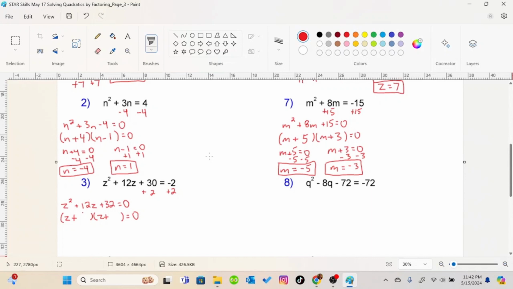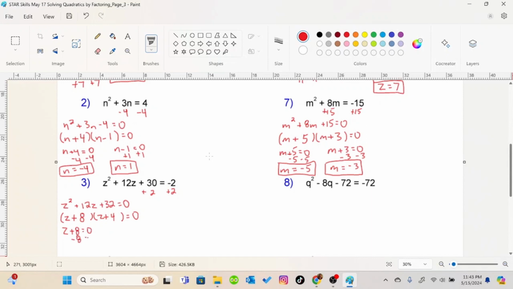And the numbers that would do that are 8 and 4. 8 times 4 is 32. 8 plus 4 is 12. Now we'll take the first factor, z plus 8, and set it equal to 0.